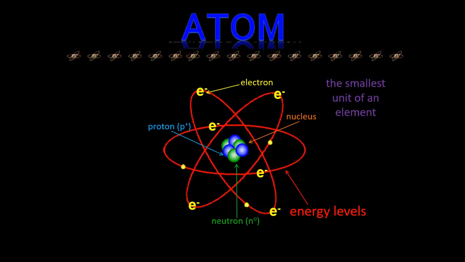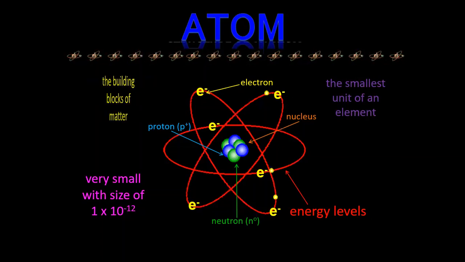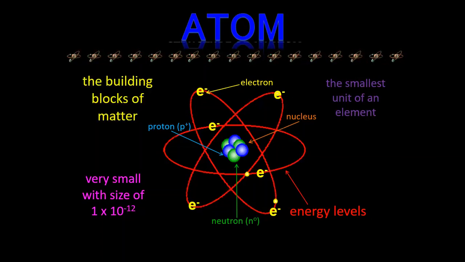Or if you just have an electron, you don't have an element. Because in order for it to be an element, it has to be an atom. So it's the smallest particle, the smallest division of matter with a size of 1 times 10 to the negative 12. Also, they're the building blocks of matter.